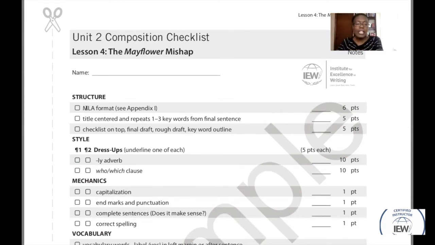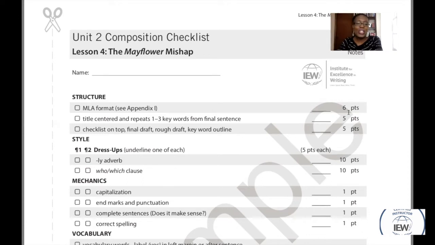So it's very well explained for your student and for you as a parent. If they follow that, you would assign them, or they would assign themselves, 6 points. If not, of course, you would, or they would assign themselves, less than 6 points based on how well or how much they did not follow the MLA format.